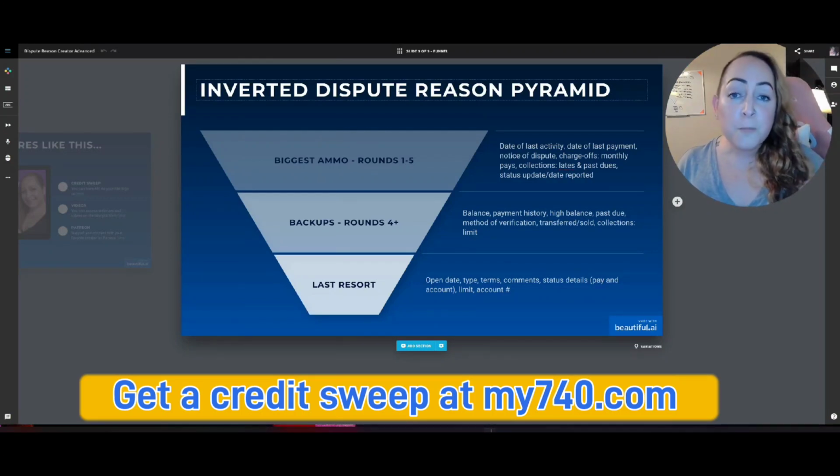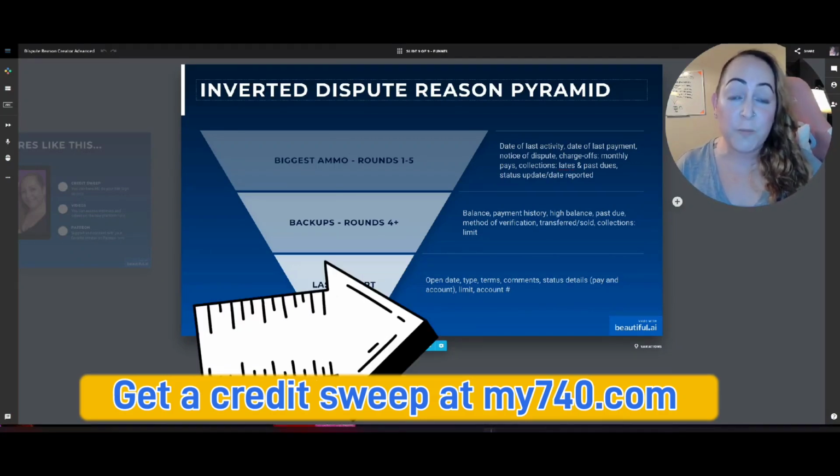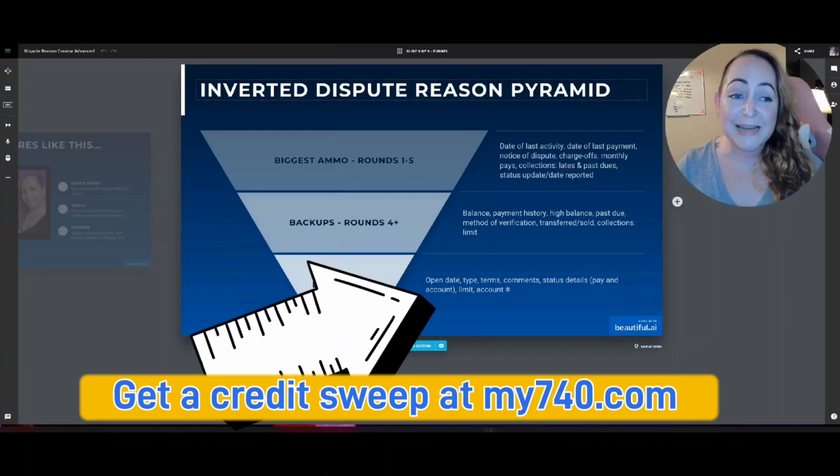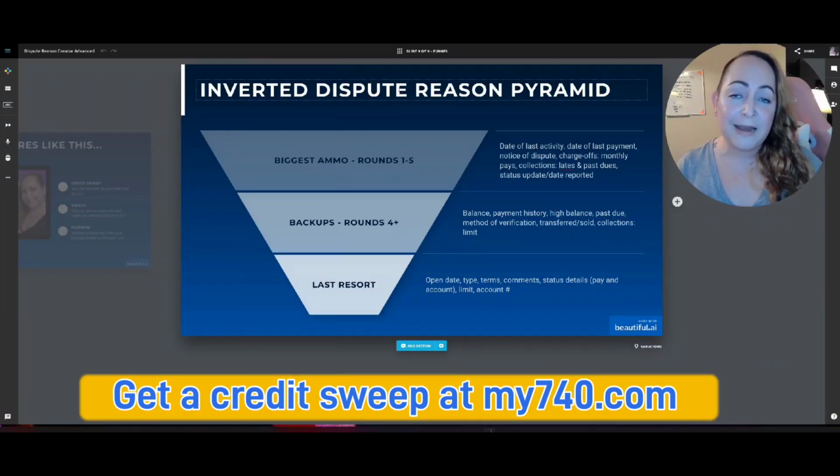Now, rounds 4+, now we're dealing with the stuff that doesn't really matter unless it's blatantly inaccurate, such as balance, payment history, high balance, past due, method of verification, transferred, sold, so on and so forth, right? And then these are the things that you just don't even want to bother with unless it is your last resort. And that's going to be open date, type, terms, comments, status detail, pay an account, limit, and account number.